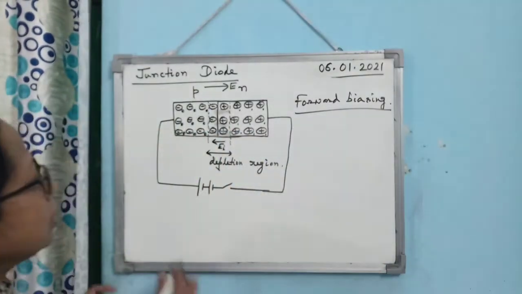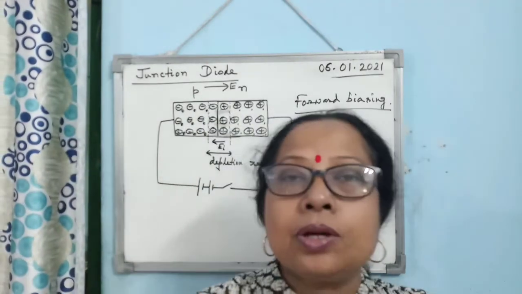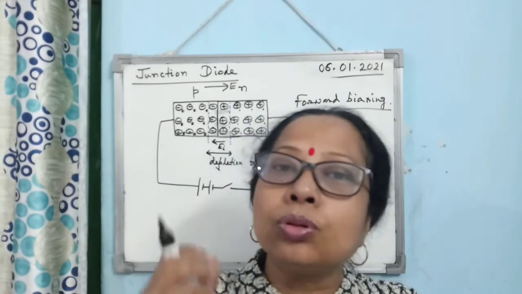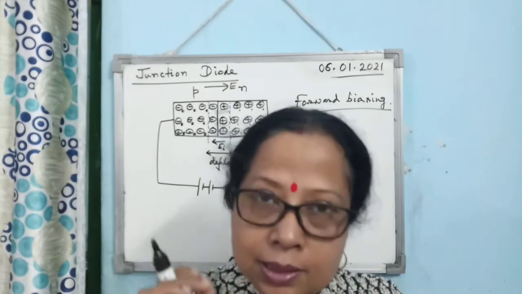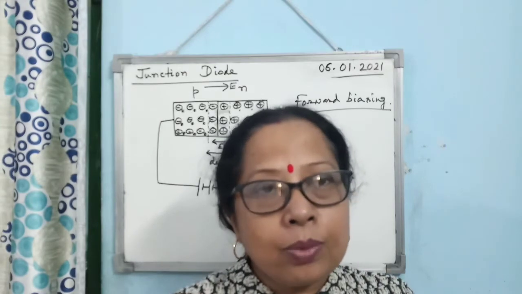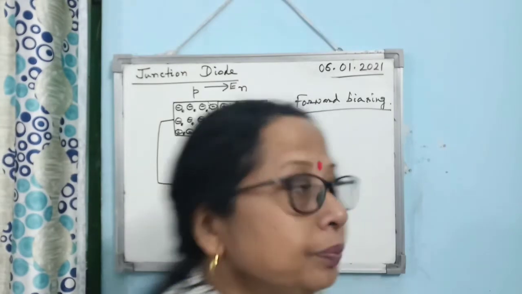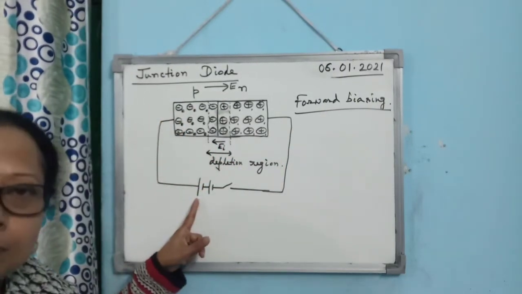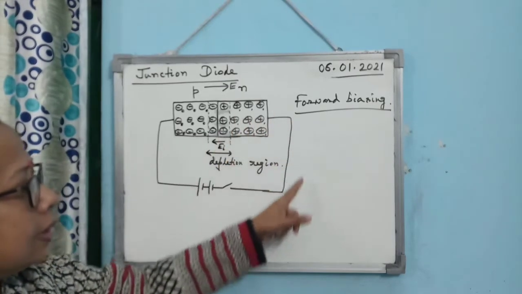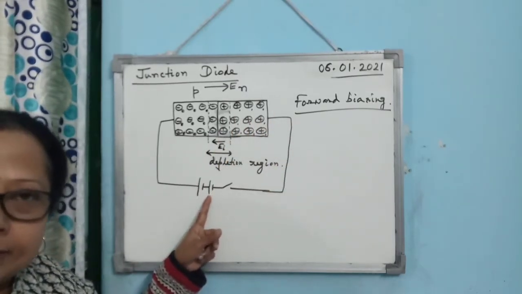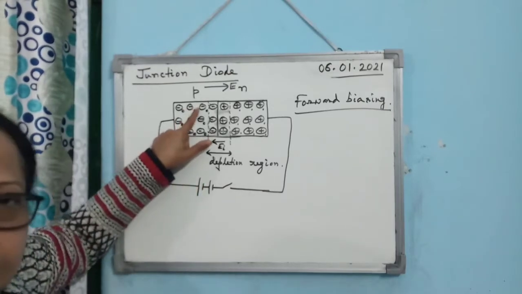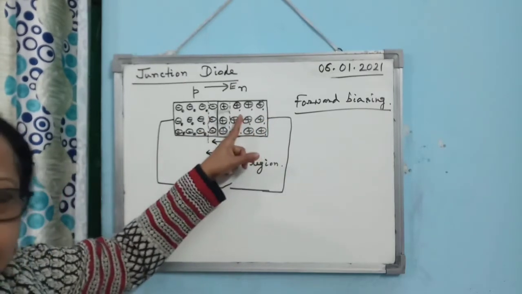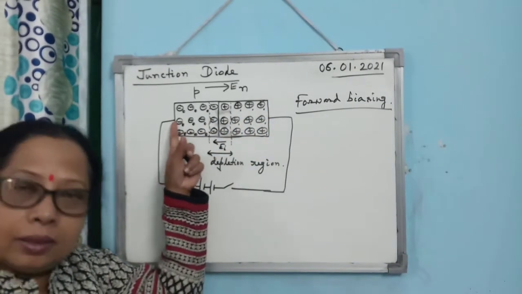Is that clear? I am saying it verbally because it will take a lot of time to note it down on the board. So please note down every point. I am discussing it slowly, one by one, point-wise. So first point, what will you write? The moment the P region is connected to the positive terminal and the N region to the negative terminal of a battery, holes from the P region will move to the N region and electrons from the N region will move to the P region.